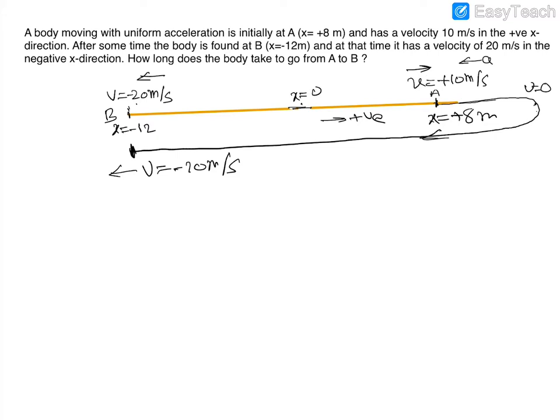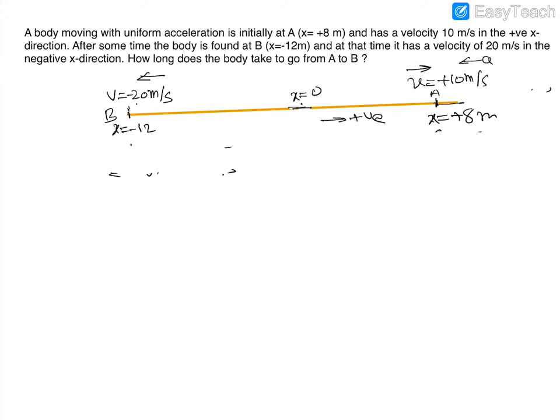Now all that we want to find out is the time. I can clear all this, and we can straight away use the equations. So first step would be to find the displacement, because you are given position, so you can find displacement. You are given initial velocity and final velocity.